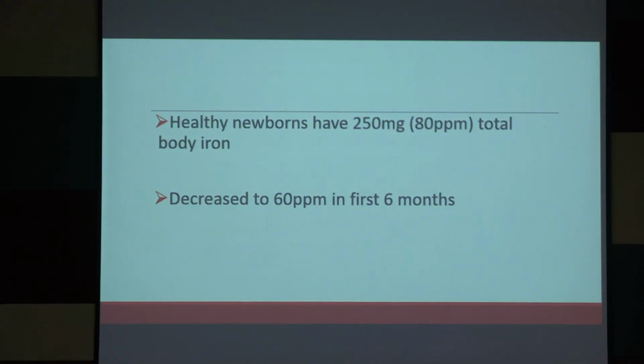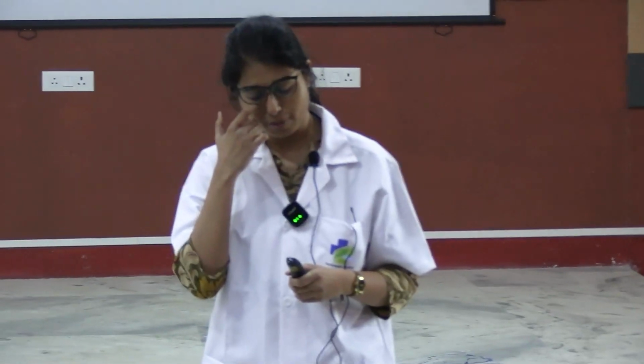What is the amount of iron in a healthy newborn? It is about 250 mg of total body iron, around 80 parts per million, and it decreases to 60 parts per million in the first 6 months. Here we have the national program of iron supplementation: Anemia Mukt Bharat and the National Anemia Control Program.